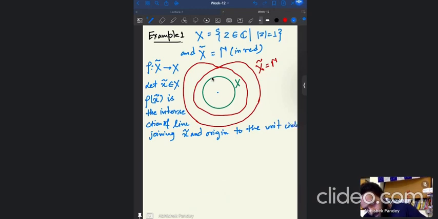Okay, so I mean to say that you take any point x tilde here, you join the line, and this will be your x. Okay, so this is the function.